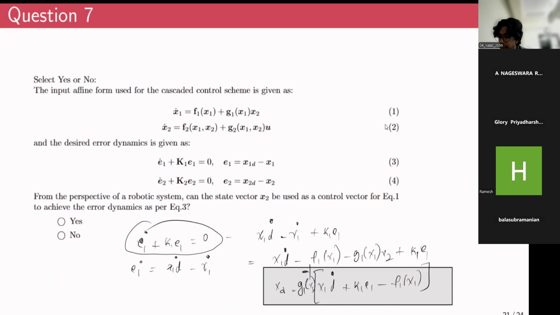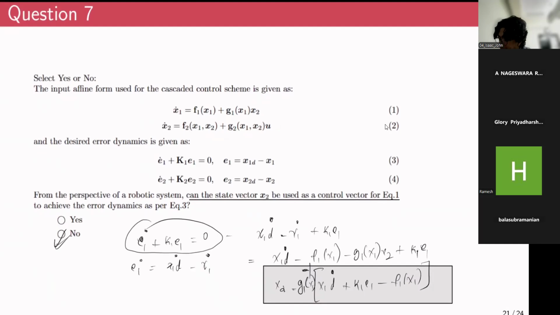So that's what the question basically says. The answer should be no. It says, can the state vector be used as a control vector for equation 1? The answer is actually no. It cannot be used. It has to be controlled by the u vector of the second subsystem. We cannot independently treat x2 as a control input. This is from the cascaded control we discussed at the beginning of this session.